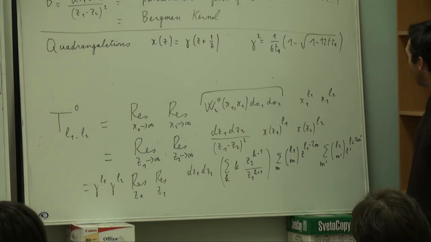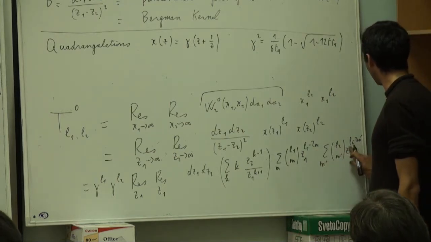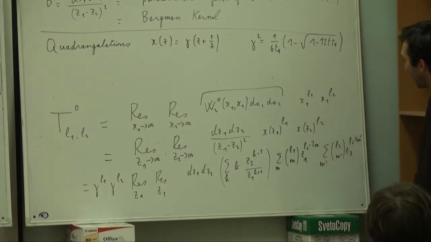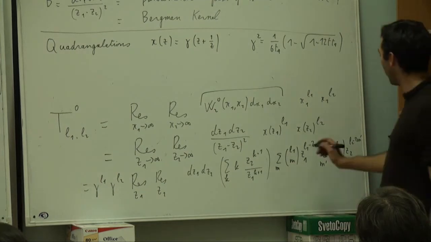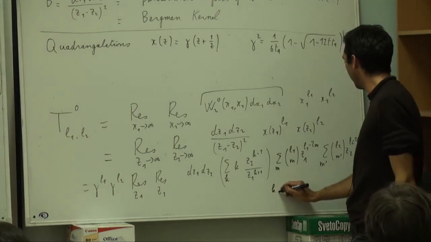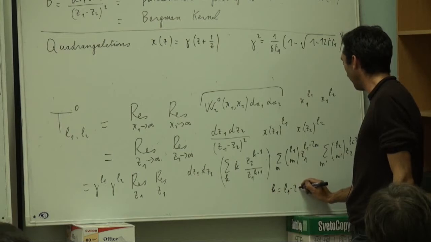So we want to pick the term in z1, sorry, it was z1 and z2. We want to pick the coefficient of 1 over z1 in this formula. So it means that we want to have k equals L1 minus 2m.